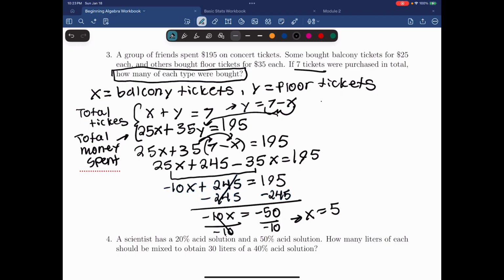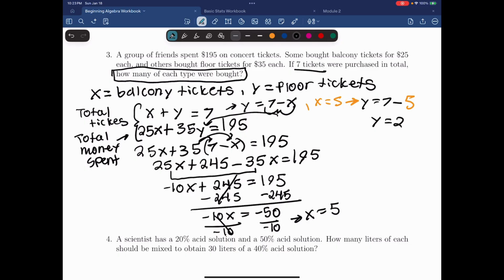So let's do that. When we say x equals 5, when we plug that in, we're going to get y equals 7 minus 5. Well, 7 minus 5, that's 2.